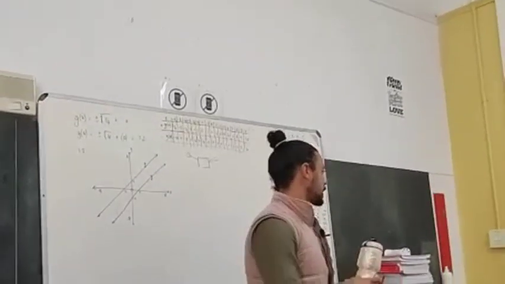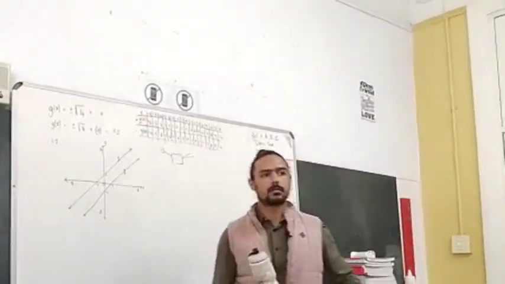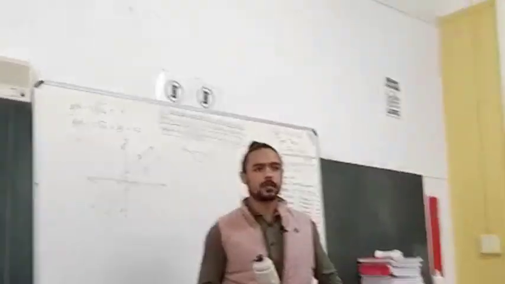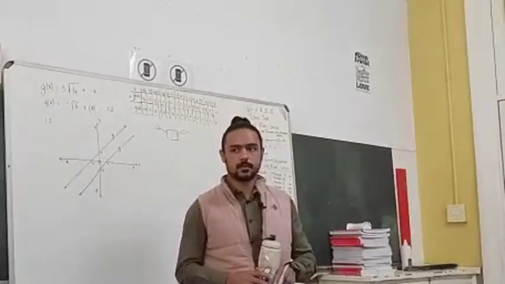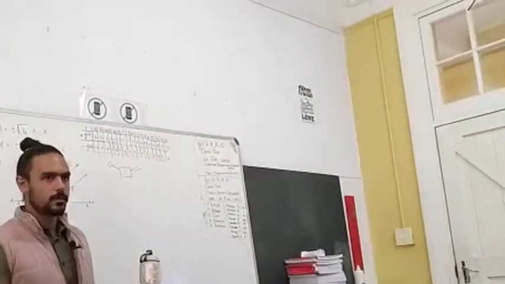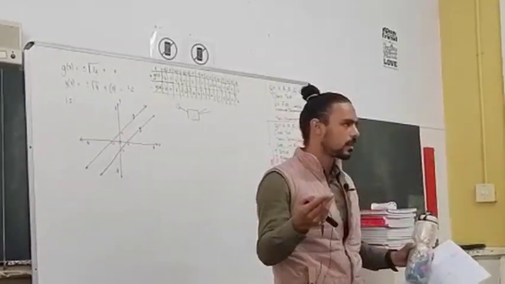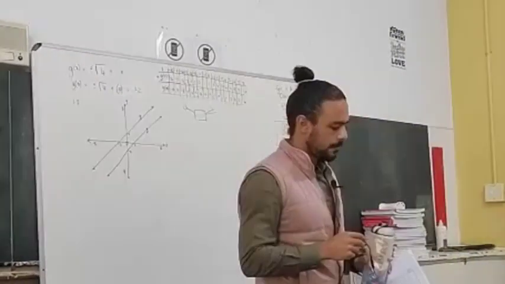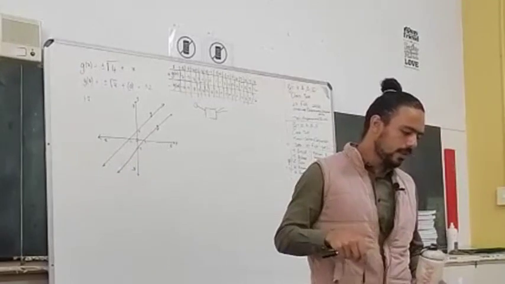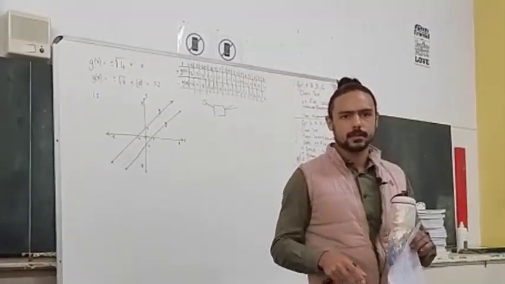What is the next input value? 2 again. What is the corresponding output value? 7. Why is it not a function? For one x value, I have one input, but I'm actually getting more than one output. So we can say 2 reflects on 4 and 7.